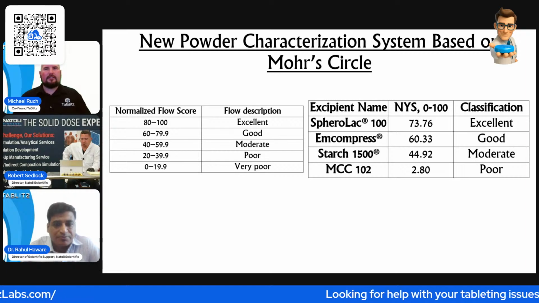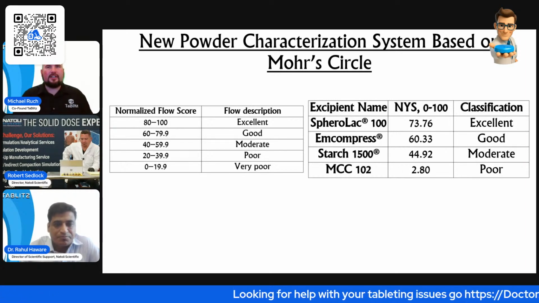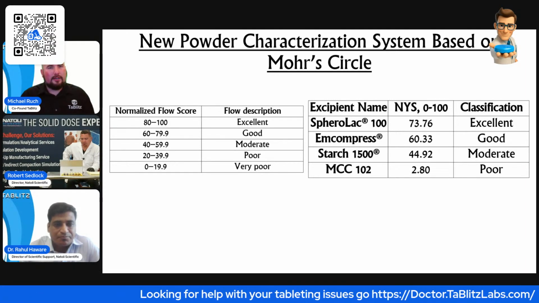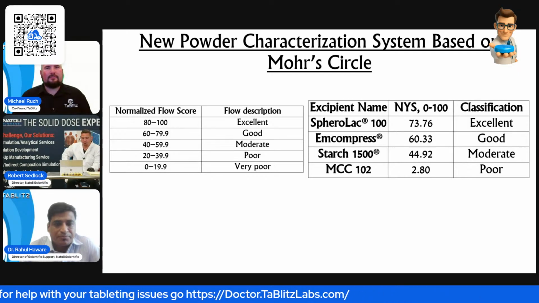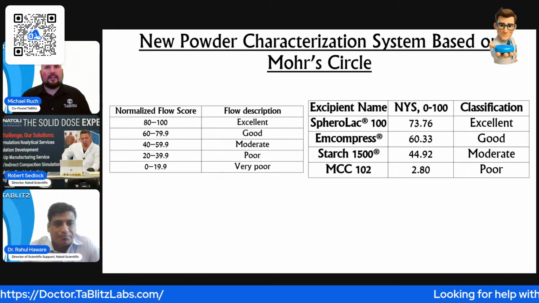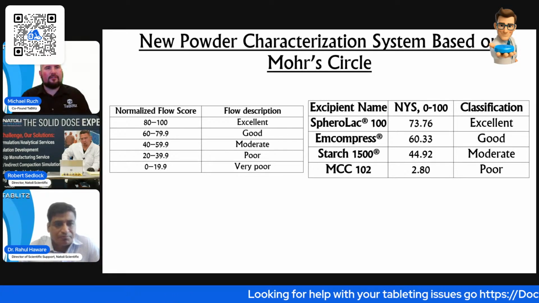So we'll get some excellents, some goods. And then will this also be an inverse indicator of compressibility? If it's a very good flowing powder, not very cohesive, would this also indicate, from a negative perspective, that it is also not compressible when looking at this scale?